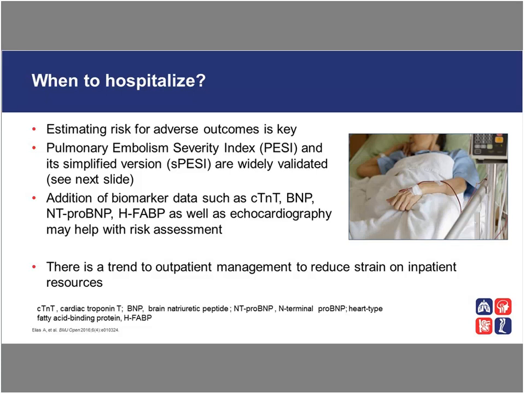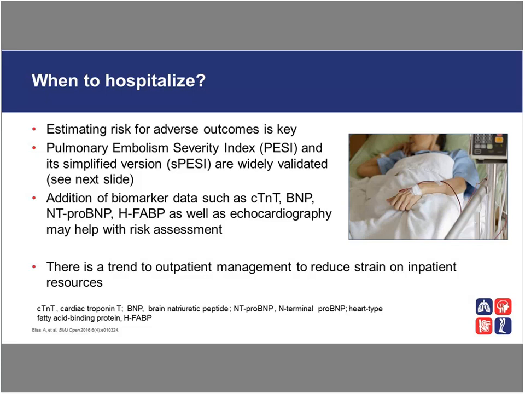This is the Pulmonary Embolism Severity Index, and there is a simplified version called the SPESI, and these have been widely validated to adequately determine adverse outcomes and mortality at 30 days for patients presenting with acute pulmonary embolism.